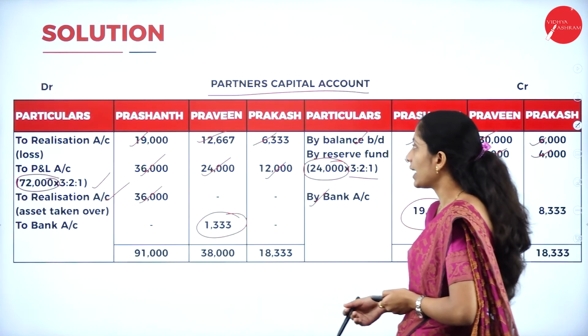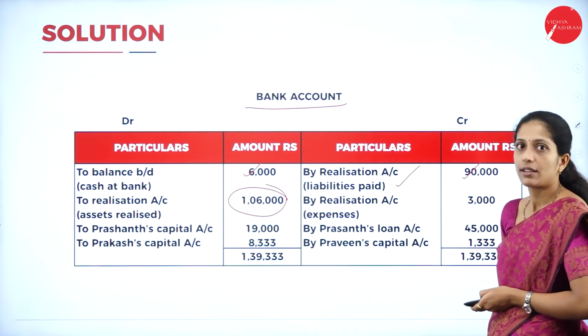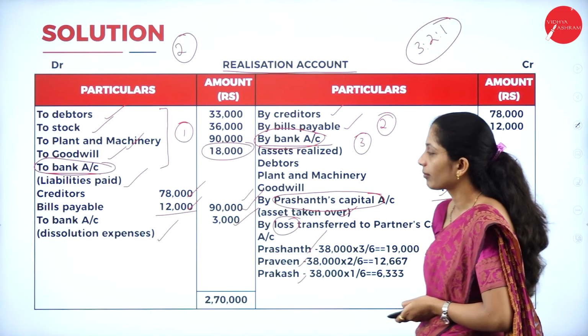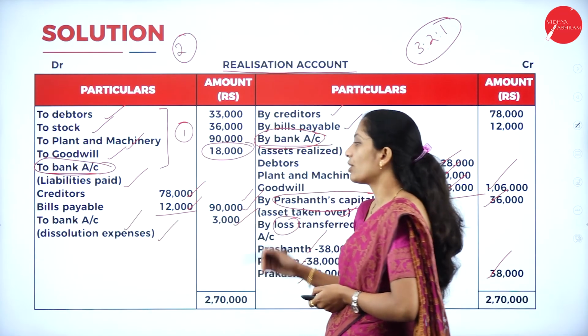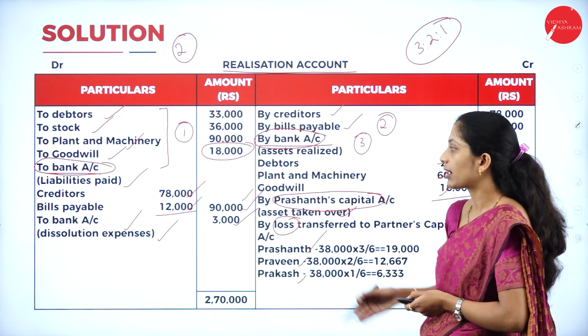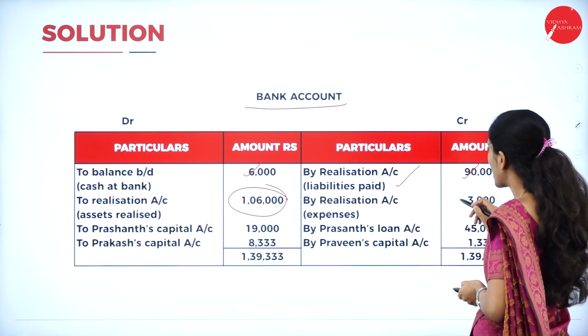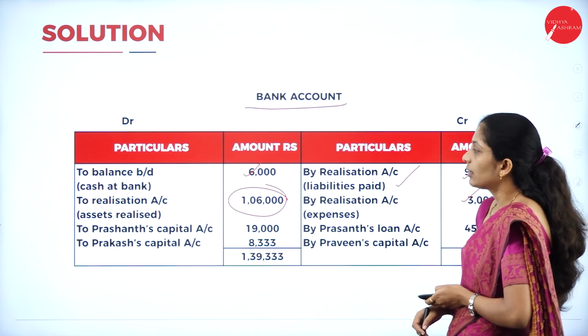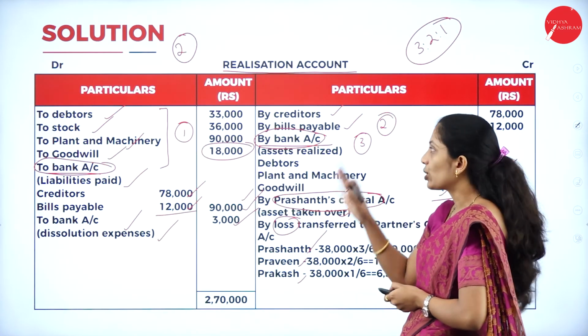By realization account, liabilities paid 90,000. Next, we have dissolution expenses. Here also you write it as by realization account, that is 3,000, for dissolution expenses. Next, we are done with realization account. There is no other bank amount.